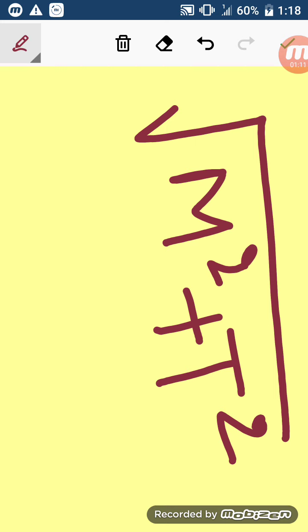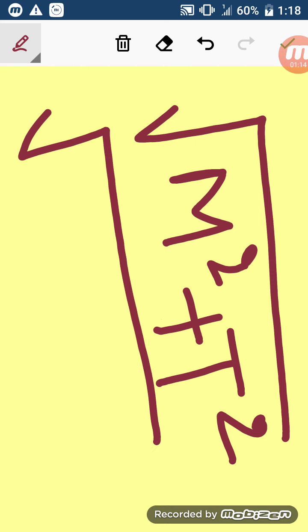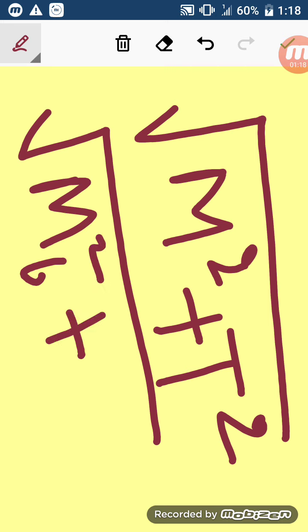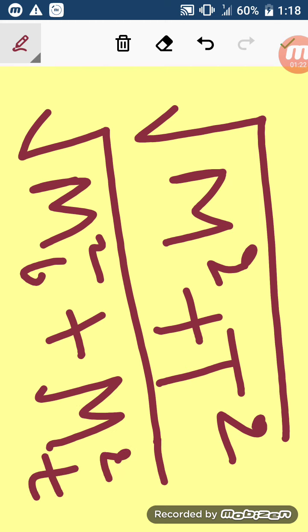In a few books it is also written as the square root of Mb square plus Mt square, where Mb is the bending moment and Mt is the torsion moment. Both are one and the same thing. So this is the equivalent torsional moment.